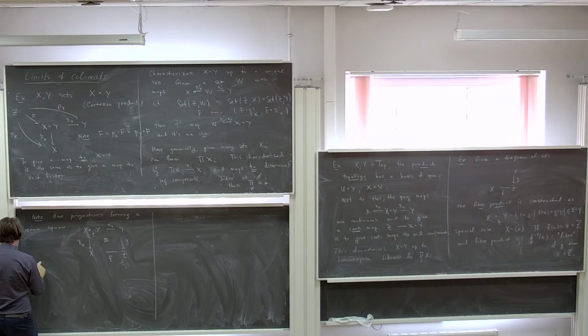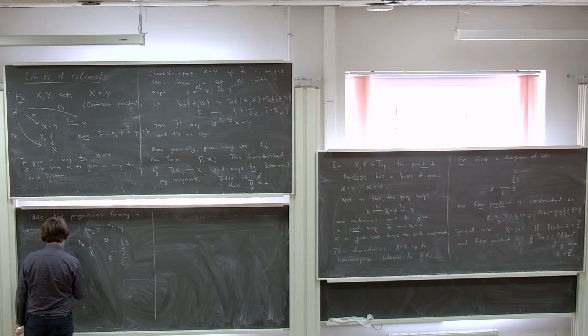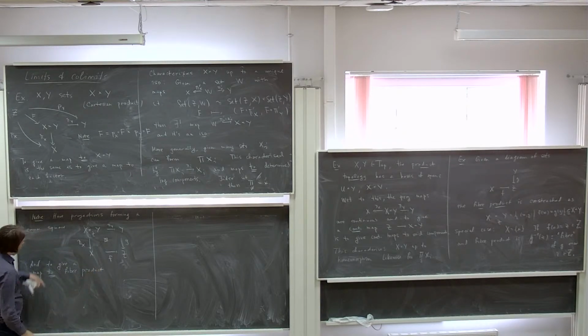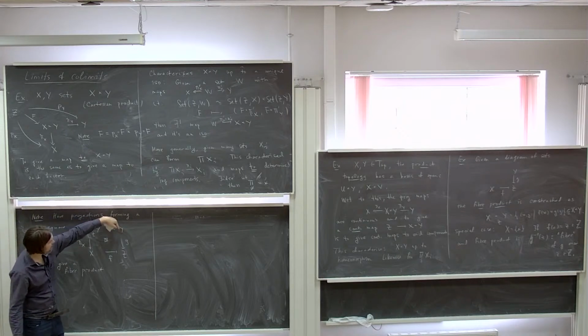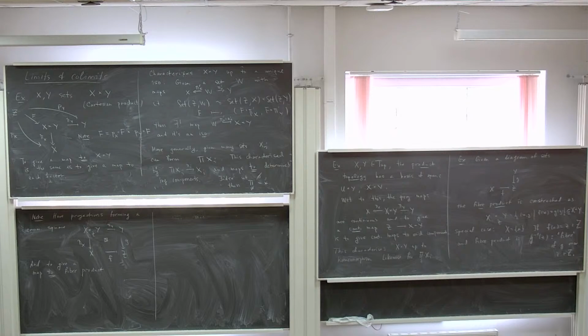And to give a map into the fiber product, it's to give a map to X and a map to Y such that the composites give the same map to Z. So it's to give such a commutative square.